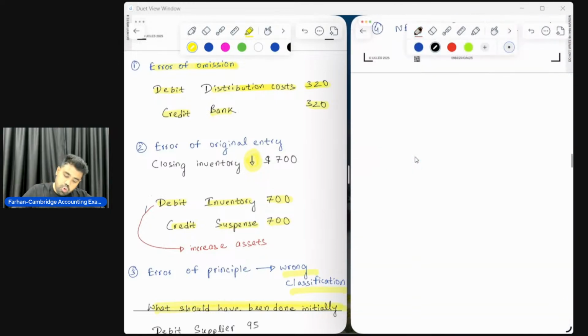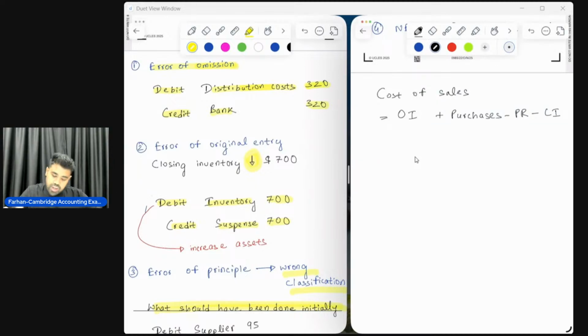Okay, so when we calculate the cost of goods sold, what is the most simple formula of calculating it? So we start with the opening inventory, then we add purchases, and then we subtract any purchase returns, which I'm just writing PR in short, and lastly we subtract the closing or ending inventory, right?